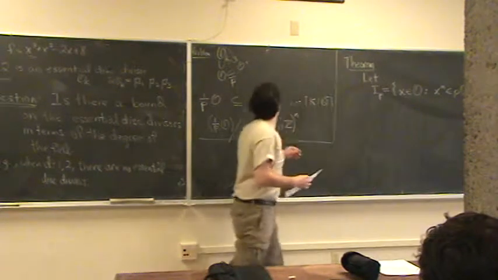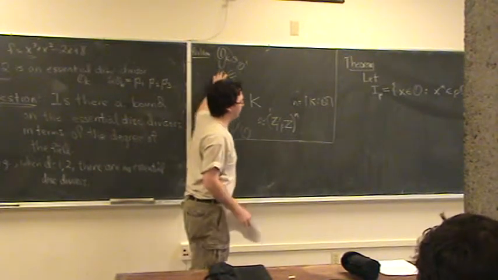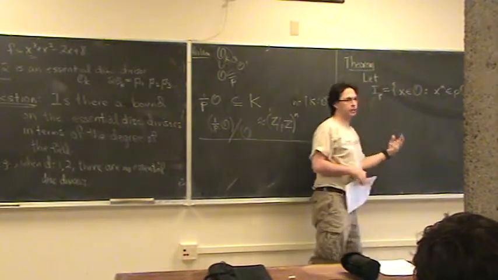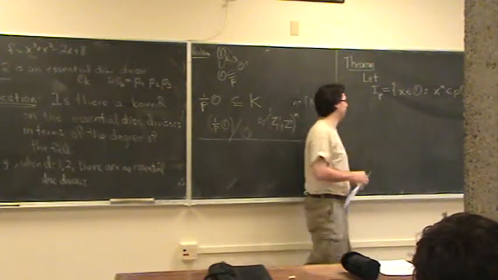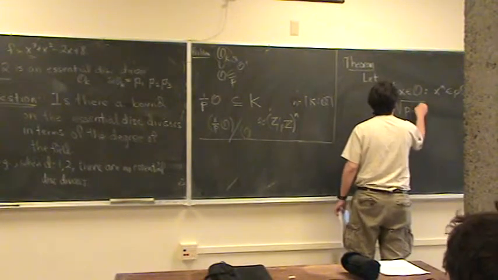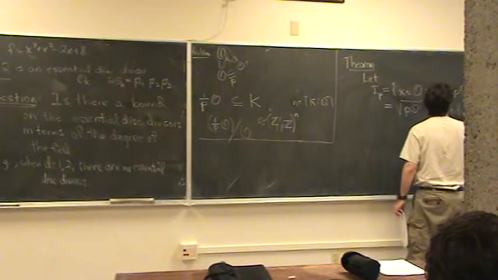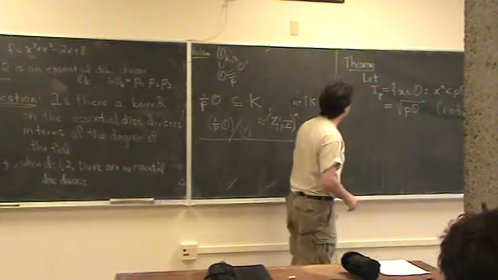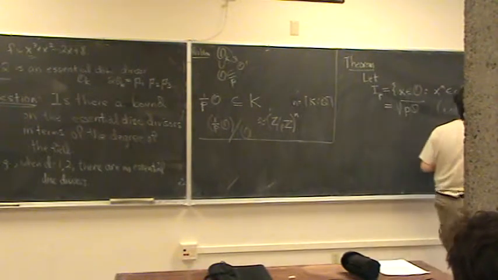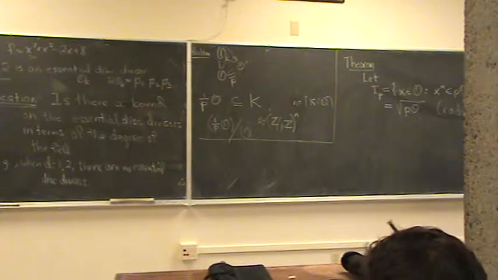So you consider this order O, multiply it by p, you get the ideal generated by p, and then take all elements that have the property that some power of that element is in p times O. So this is the radical of p times O from commutative algebra. So let's let IP be that, and it's clearly a subset of O by definition.